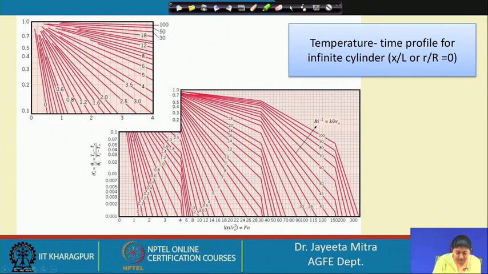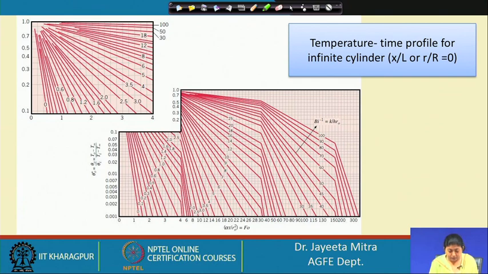And what is being done here is that the value of 1 by Biot number, which is very important, has been varied from 0 to 100, because here we are considering the cases where the conductive resistance is very high.